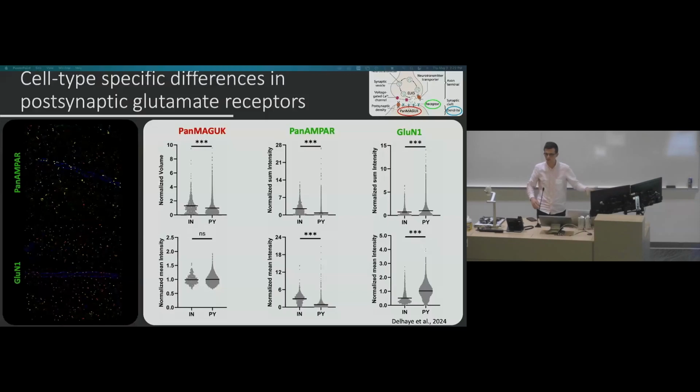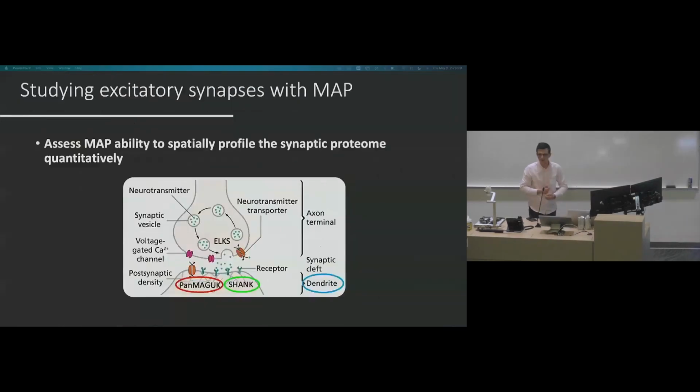So again, all of these results were known before using EM data, but this time we used the MAP procedure, which is way less tedious to put in place and way faster to acquire and analyze data than electron microscopy. And then we wanted to go beyond the glutamatergic receptors because we know now that the postsynaptic content, especially at the postsynaptic density, is very heterogeneous in excitatory synapses.